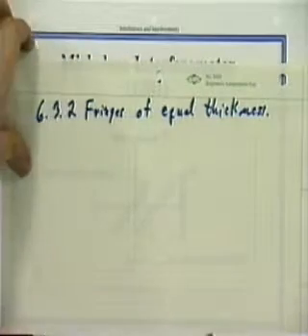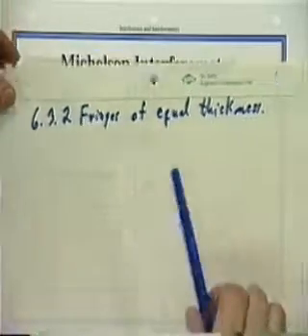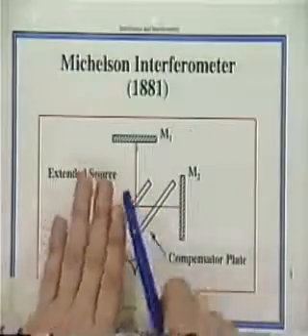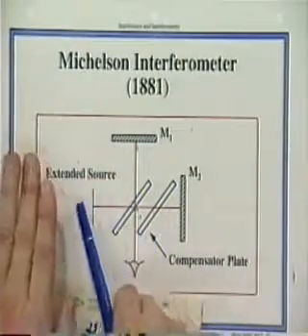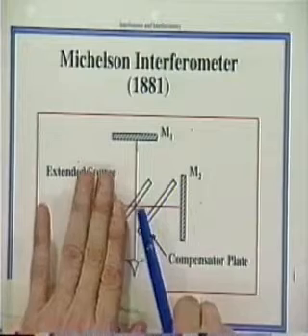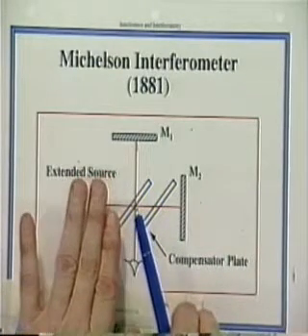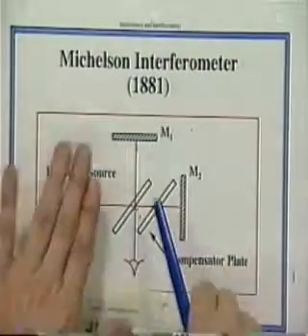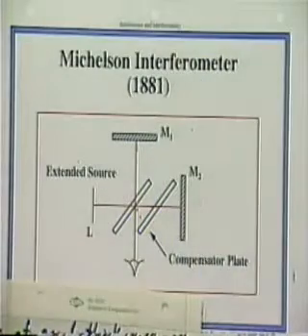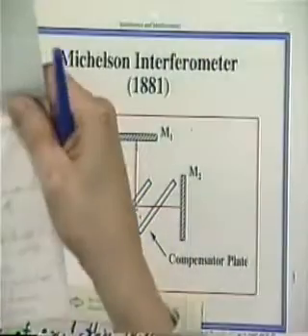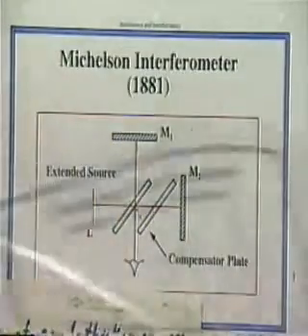So now if we tip this a little bit, so the rays are coming out at a different angle, for one ray going in, the two corresponding rays are coming out at a different angle. The fringes are going to be localized wherever these two rays intersect. So our drawing might look something like this.